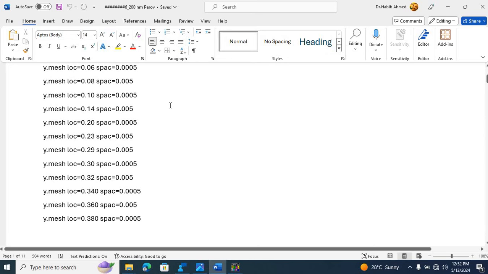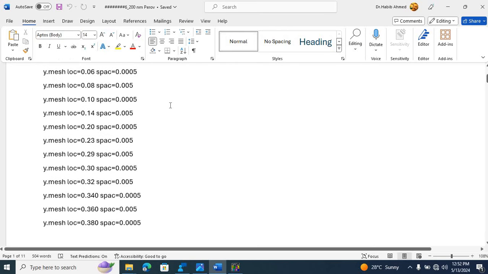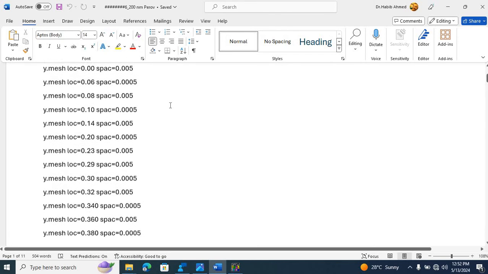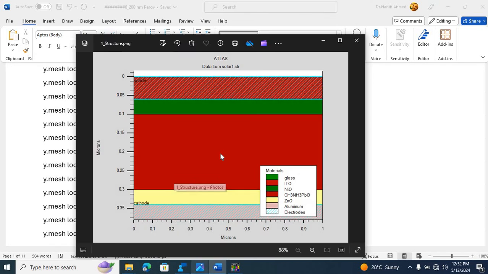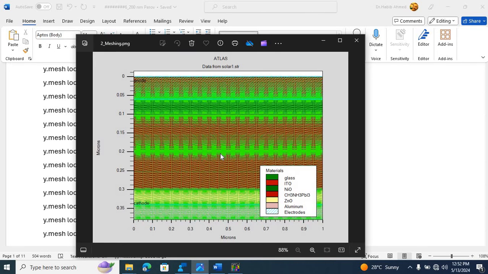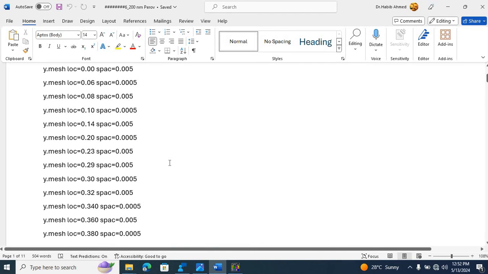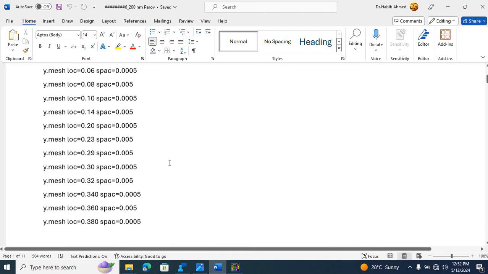We define the meshing such that we introduce denser meshing at the interfaces and sparser meshing in the bulk regions. For example, if we move to the next structure, we see here that we have denser meshing at the interfaces and less dense meshing in the bulk region. So that's how we optimally utilize the meshing for our structure.